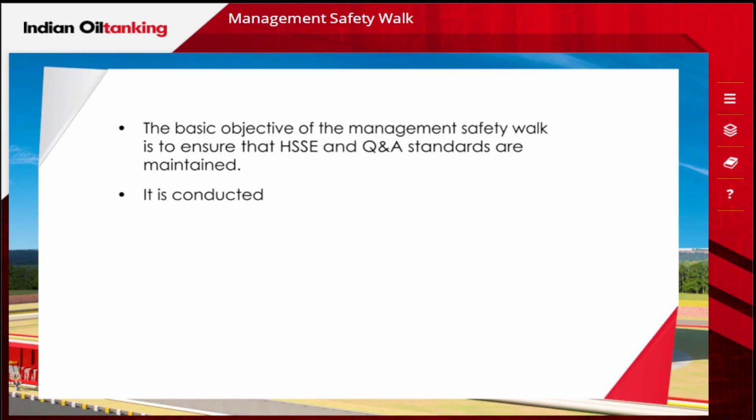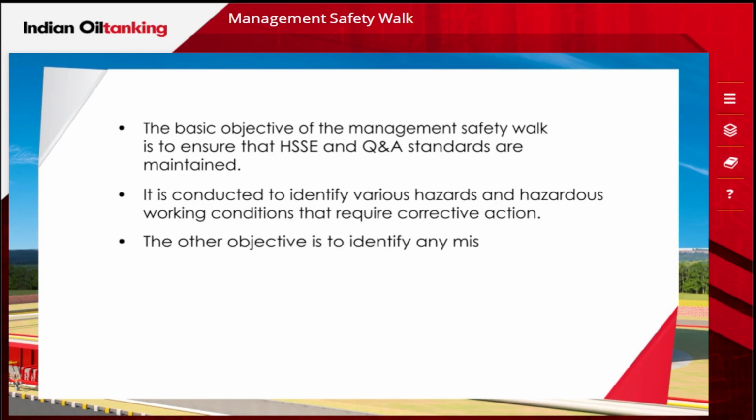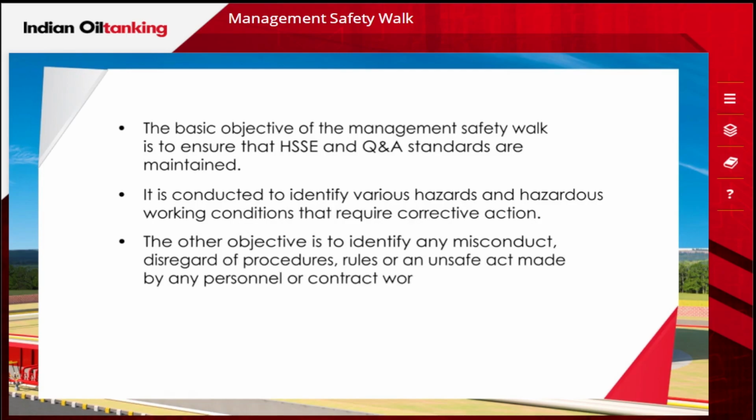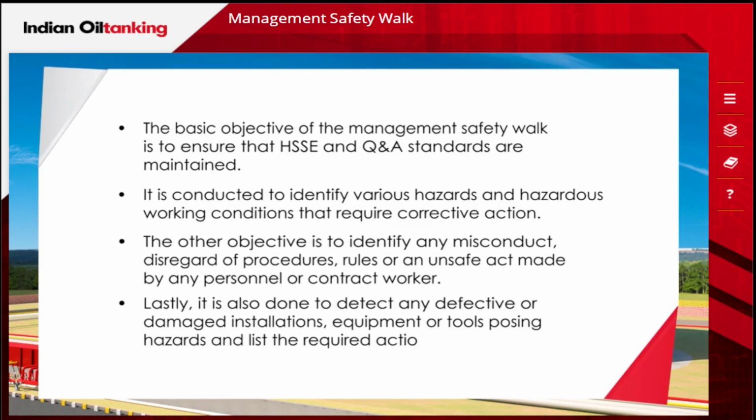It is conducted to identify various hazards and hazardous working conditions that require corrective action. The other objective is to identify any misconduct, disregard of procedures, rules, or an unsafe act made by any personnel or contract worker. Lastly, it is also done to detect any defective or damaged installation, equipment or tools posing hazards and list the required actions.